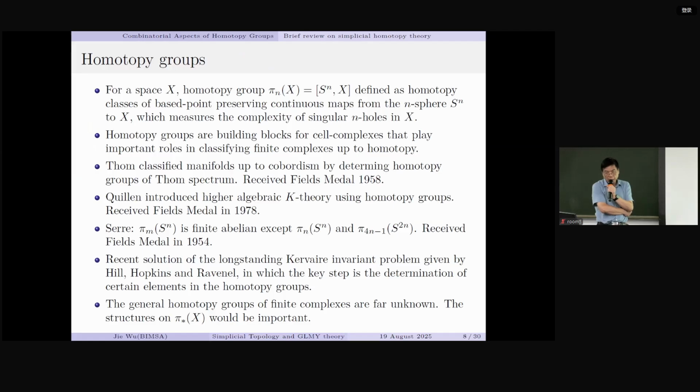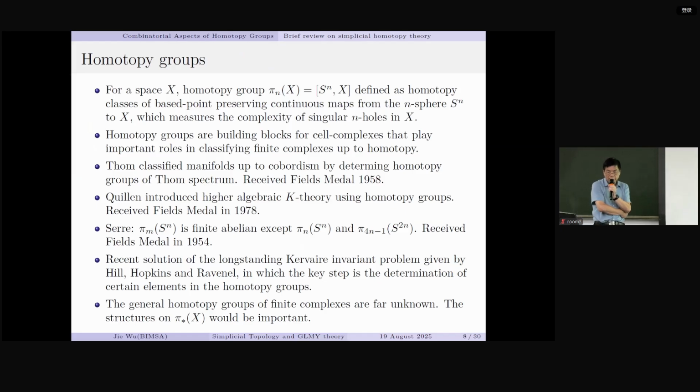Now, there is a lot of work with the homotopy groups. I just say a few things, like Thom's work on cobordism. You use the Thom spaces to create the Thom spectrum, and then the cobordism problem converts into the problem of determining the homotopy groups of a Thom spectrum, and Thom successfully solved that and got the Fields Medal, right?